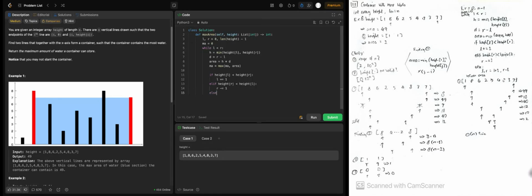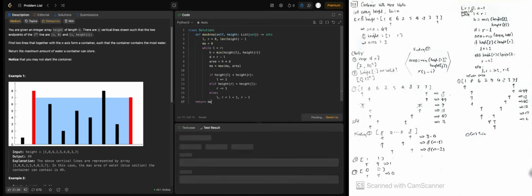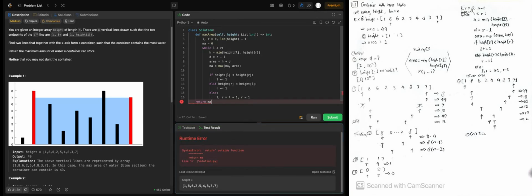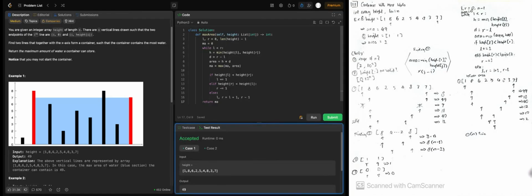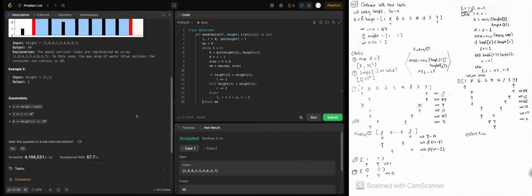Else we move both of them: left plus 1, right minus 1. And we return the maximum volume. Let's see if this works. We got a runtime error. The return is misplaced. Okay, how about this? Yep, so we got the correct answer.